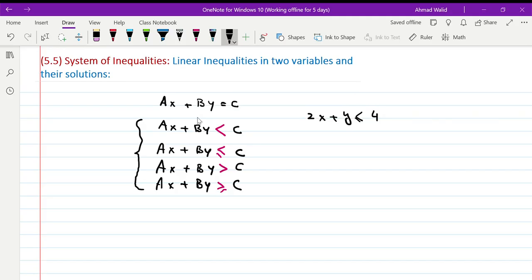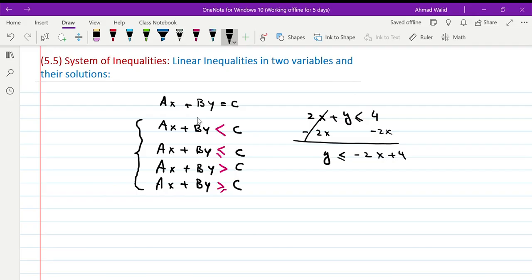You are always solving for y. First, you subtract 2x from both sides, right? Now, y is less than or equal to negative 2x plus 4, correct?